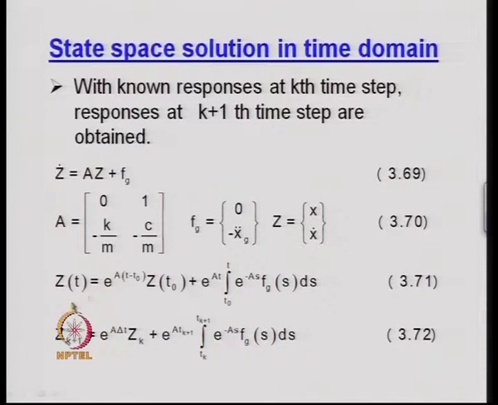So, this can now be written in the form of the discrete variable, that is Z k plus 1, if that is the quantity to be known, then it is equal to e to the power A delta t multiplied by Z k, where Z k is known, plus this integration performed from T k to T k plus 1.